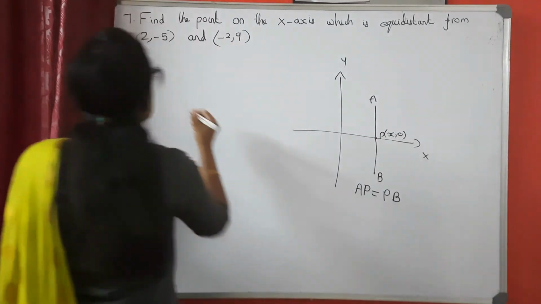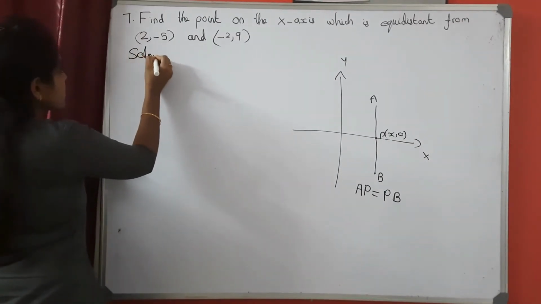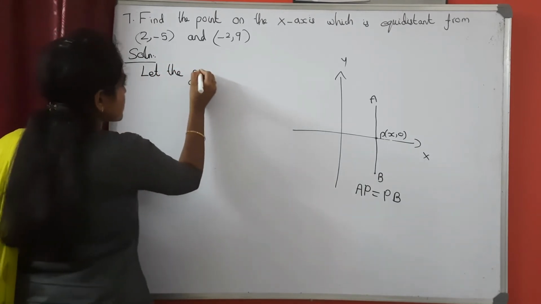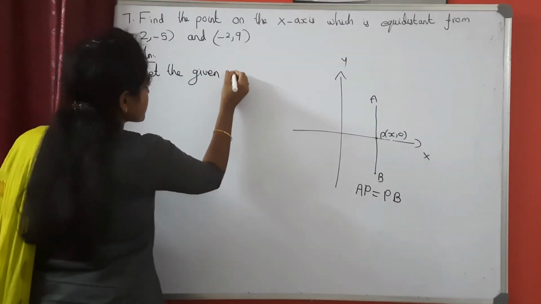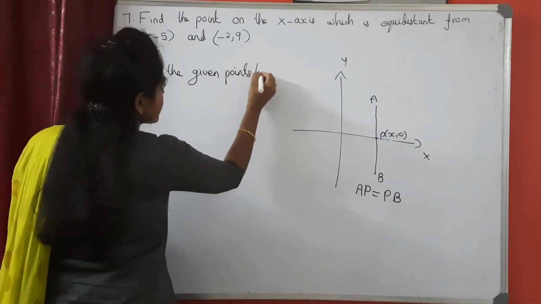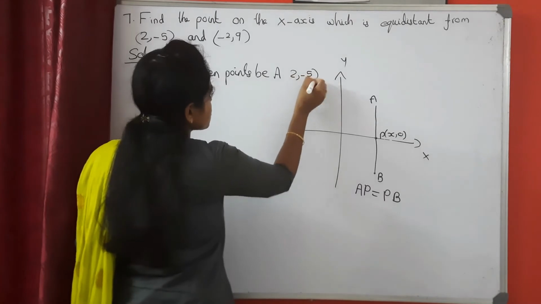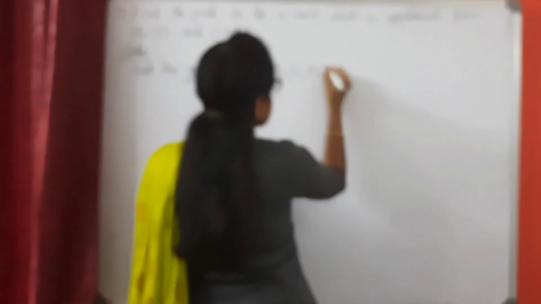So then you see, first let the given points be A of (2, -5) and B of (-2, 9).